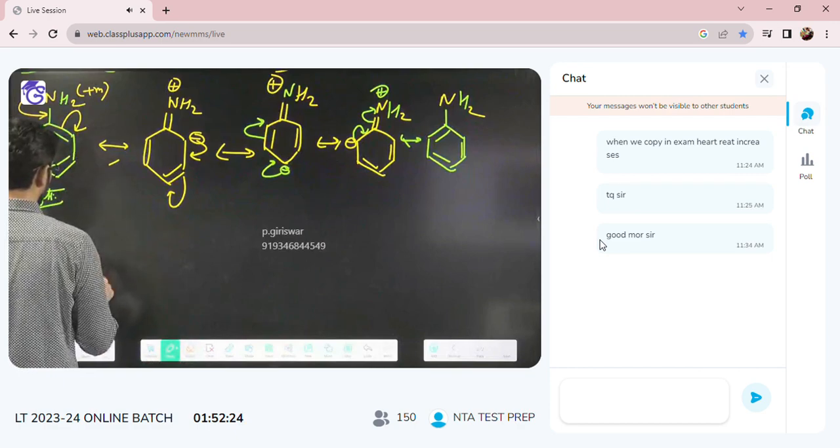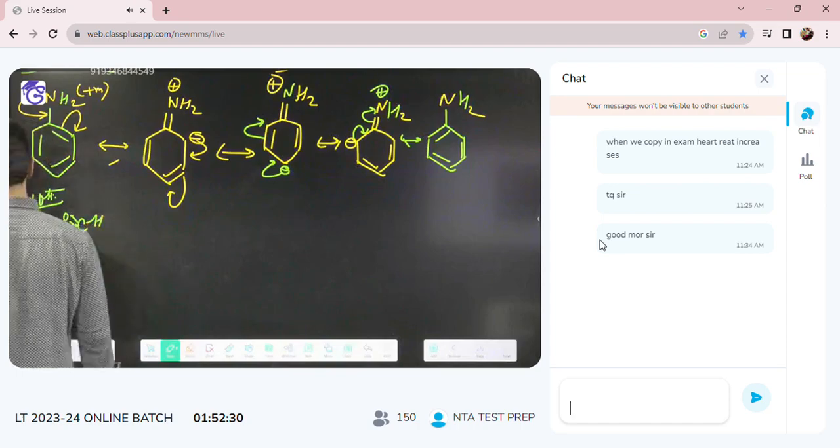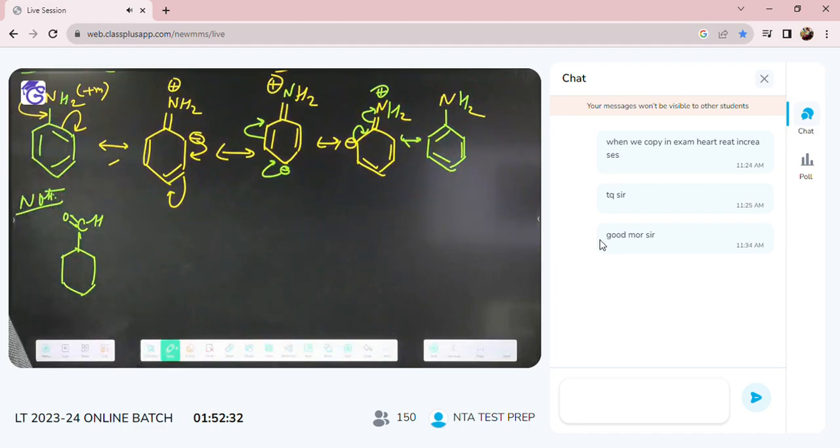Plus M groups increase electron density at ortho and para positions. Written. Srinidhi Rao, that point we will cover in hydrocarbon directing effect later on.